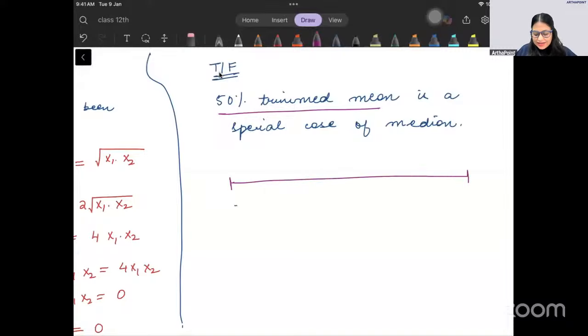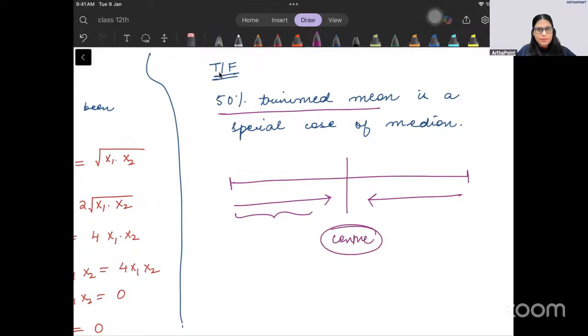From the entire data set, I have removed 50% of observations from here and 50 from here. माने I am left with only the centermost observation. And what is median? Median is that centermost observation. So, yes, that is correct. That 50% trimmed mean is approximately nothing but the median only. Right? So, it is the same thing.